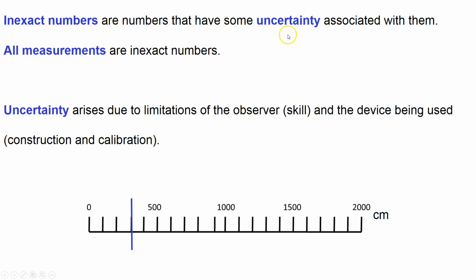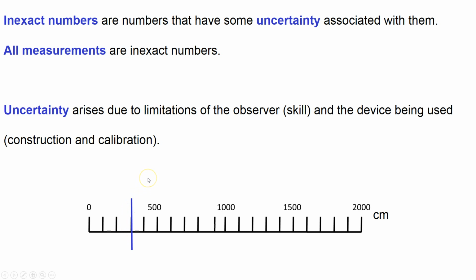Inexact numbers are numbers that have some uncertainty associated with them. Every measurement is an inexact number, because there will always be limitations of the person making the measurement and the device being used to make the measurement. For example, this is a ruler that measures every 100 centimeters.